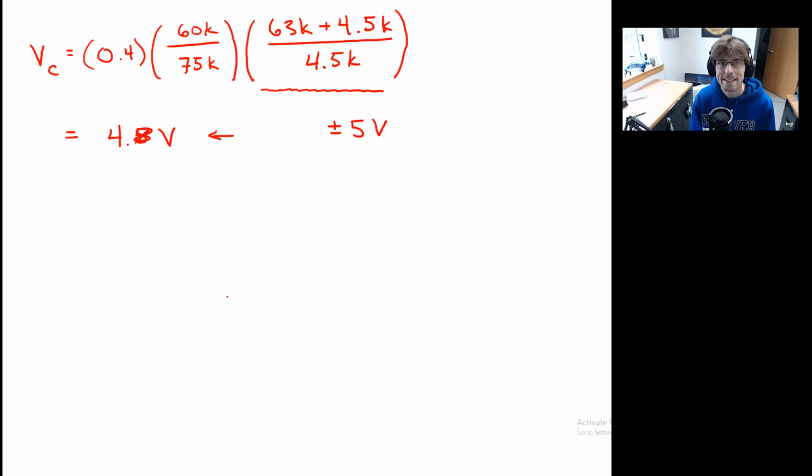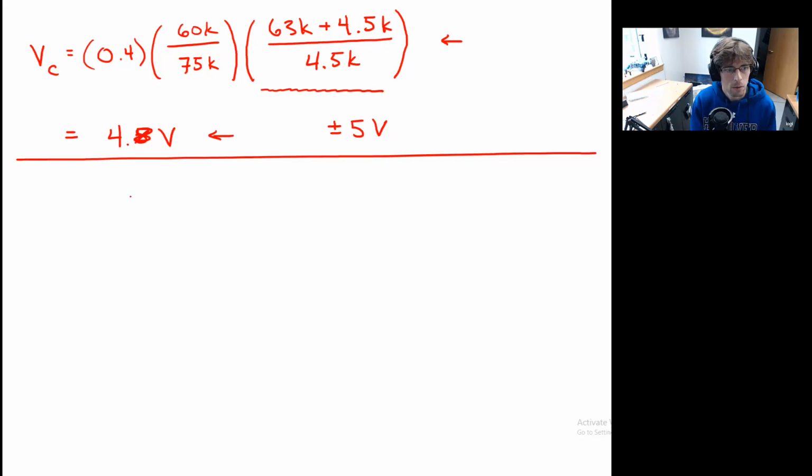Okay. Now here's the advantage to having written this all out in variable form. Let's go ahead and use our expression that we had in order to find the ranges for Rx. Well, we know that the V out, so this is part 2 now, we know that V out, what I call VC, has to be within this range of potentials.